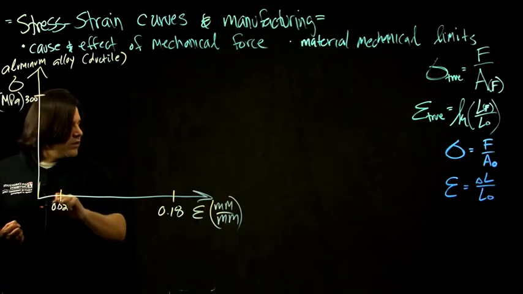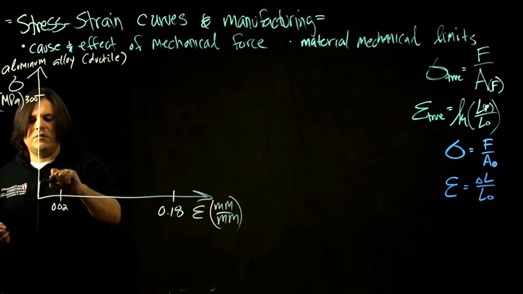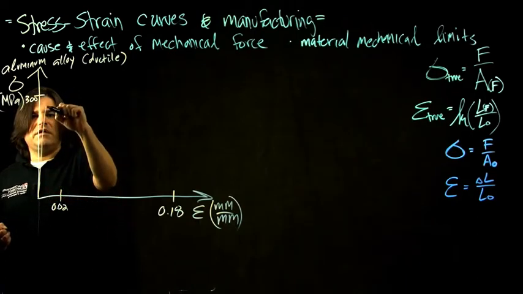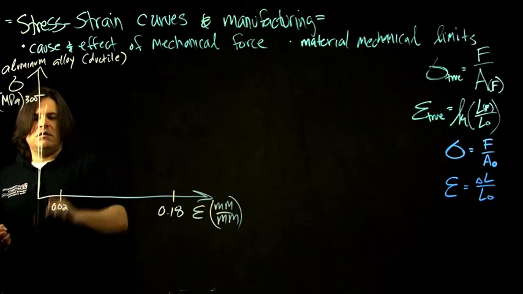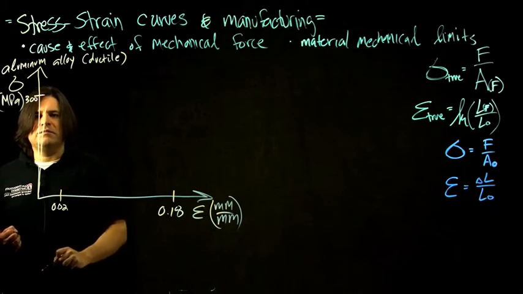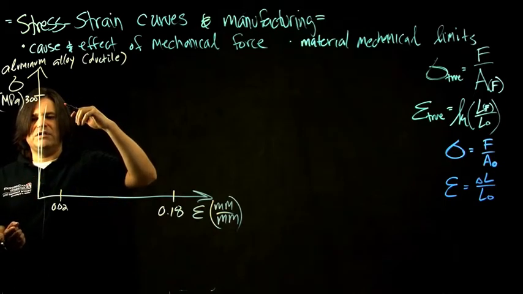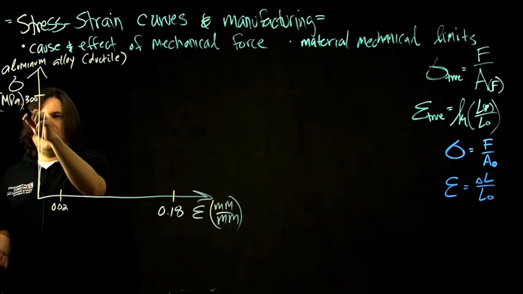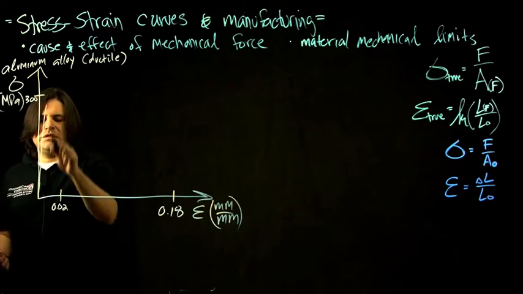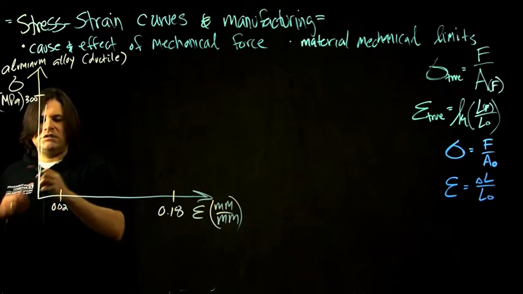So let's say going up from here all the way up to here-ish, you'll have a linear relationship. And as a matter of fact, if you were to pull this under tension and apply this amount of stress, you'll have this response in this elongation.